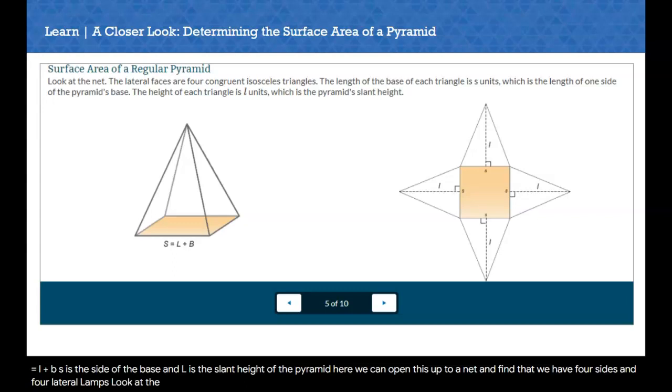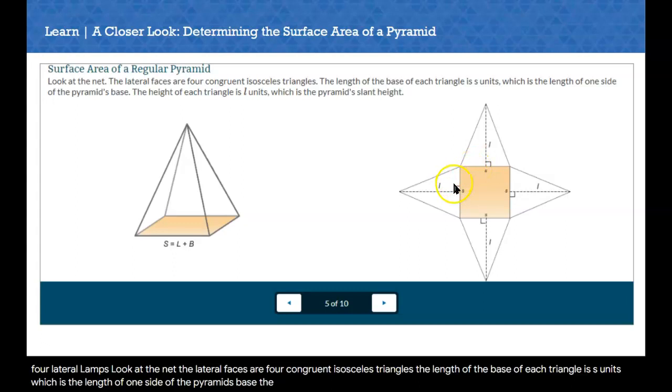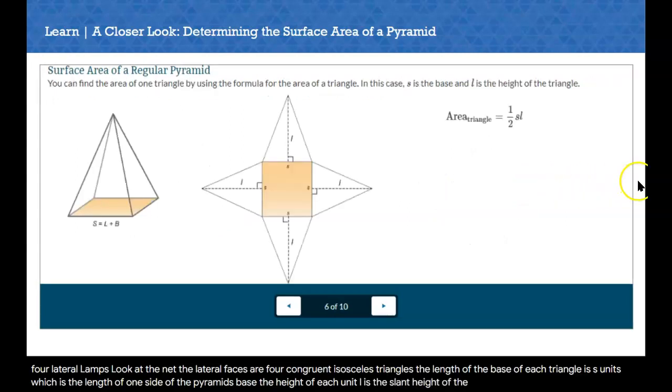Look at the net. The lateral faces are 4 congruent isosceles triangles. The length of the base of each triangle is S units, which is the length of one side of the pyramid's base. The height of each triangle, L, is the slant height of the pyramid.